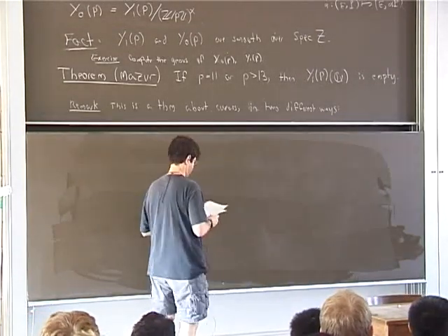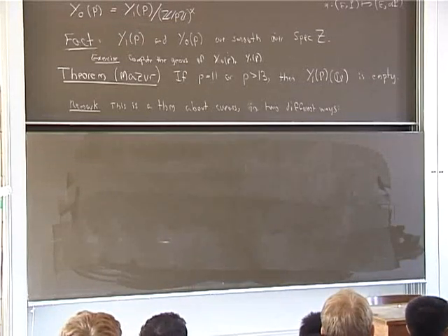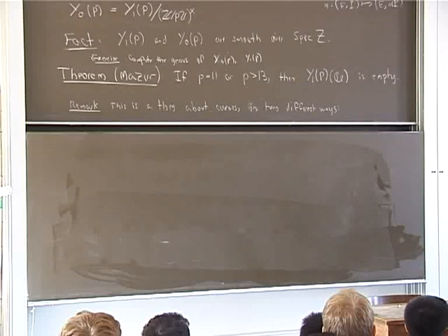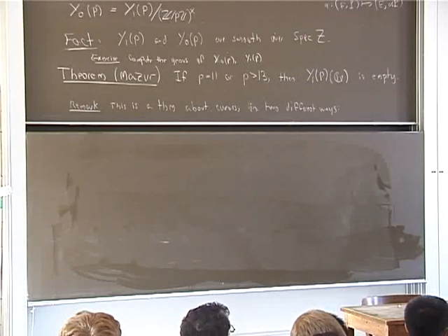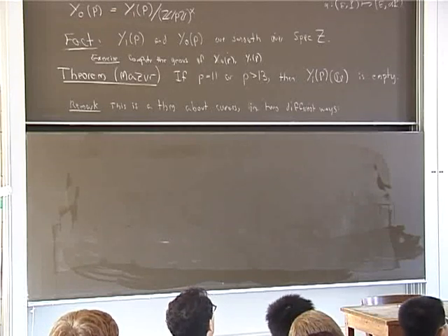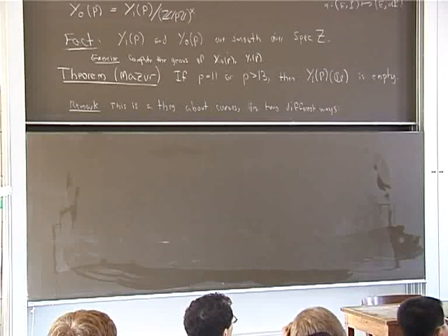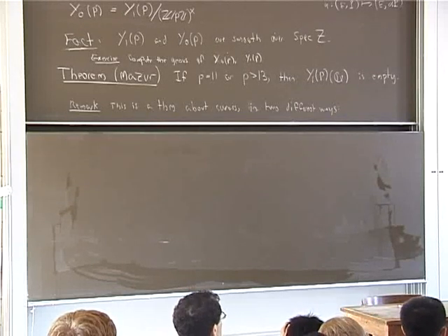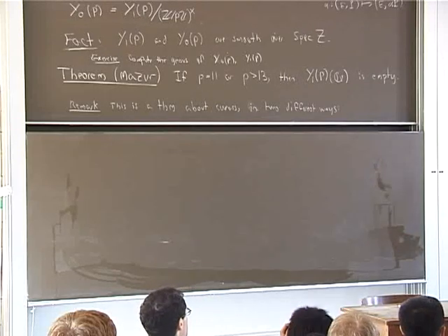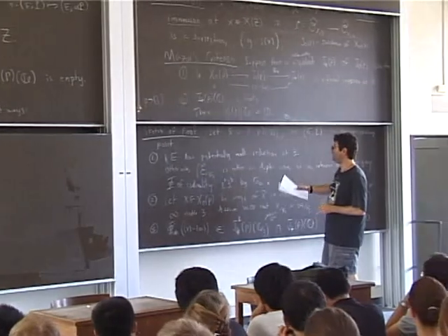Why couldn't you repeat the last argument to replace x by just an irrational point? Here x could be any rational point. So you mean why do I work with y1 and not with x naught? At this stage of the argument, there's no need. The only point where you see it is in step 1.